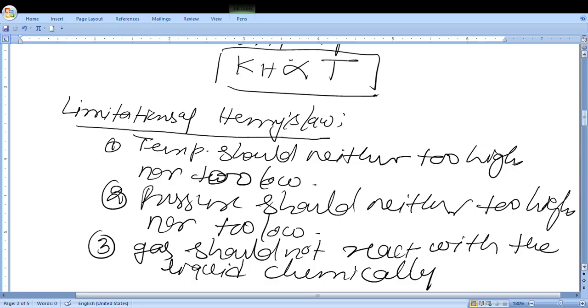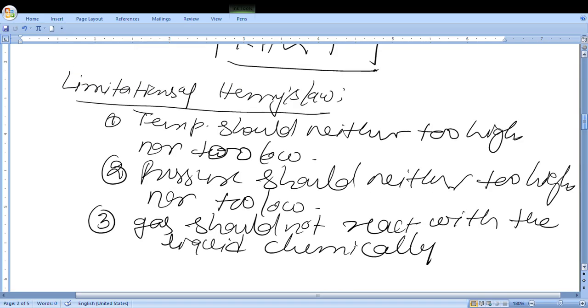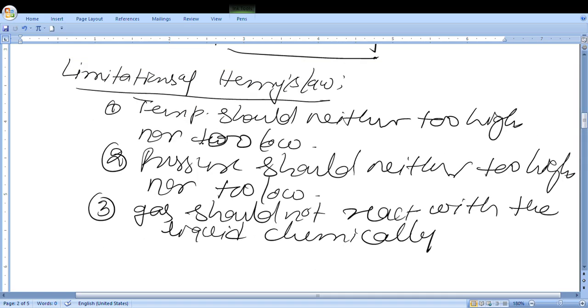If temperature becomes too low, it will become highly soluble. If the temperature becomes too high, then gas will escape out. If the pressure is very low, the gas will not dissolve. If the pressure is very high, then too much gas will get dissolved. So it should be dissolved moderately.